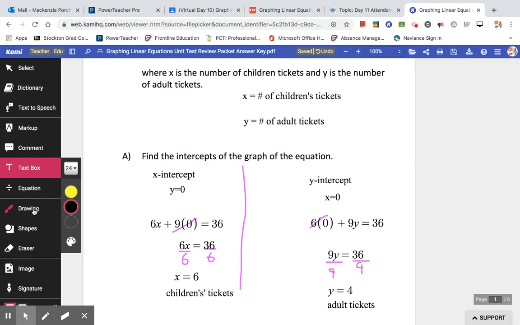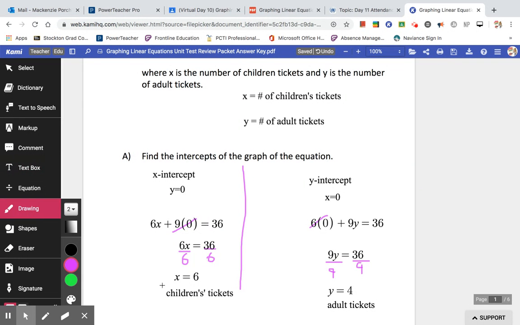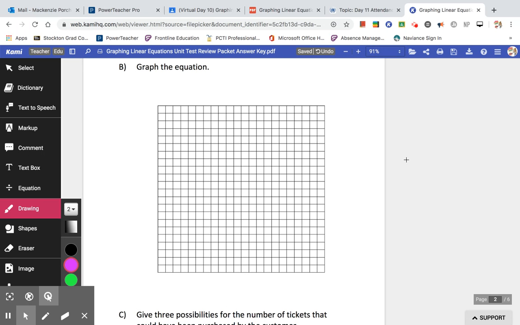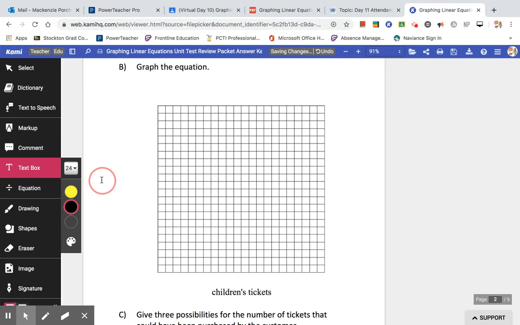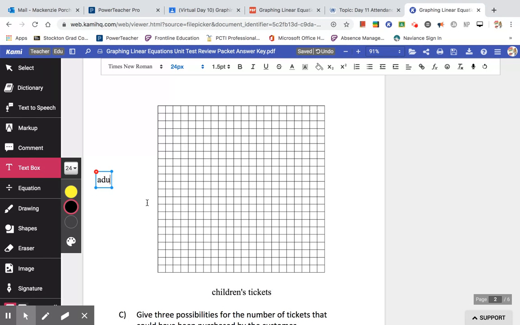And then we're going to use these 2 pieces of information to help us graph part B. When we're graphing part B, the first thing we want to do is label our x and y axis. The x-axis is the children's tickets, and the y-axis is going to be our adult tickets.